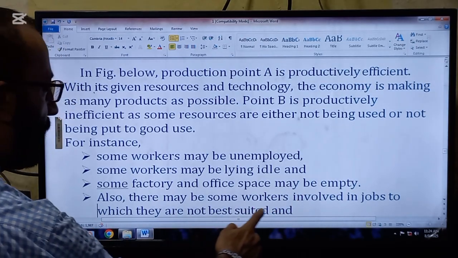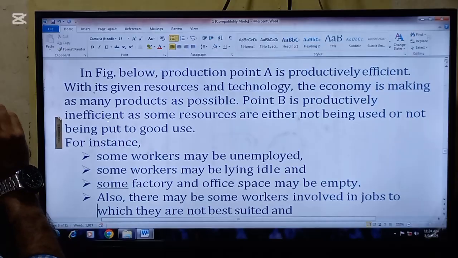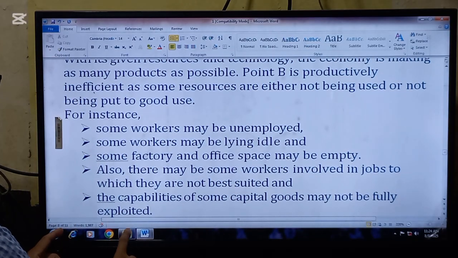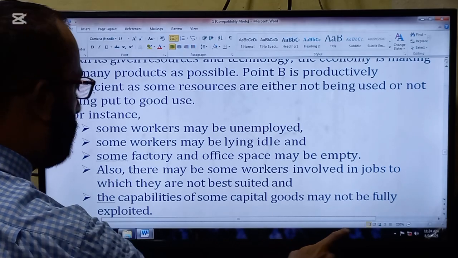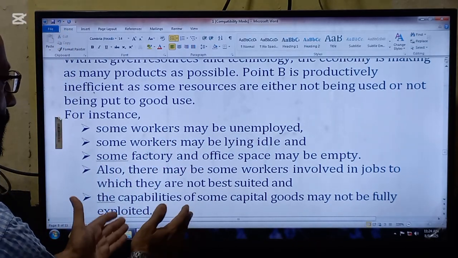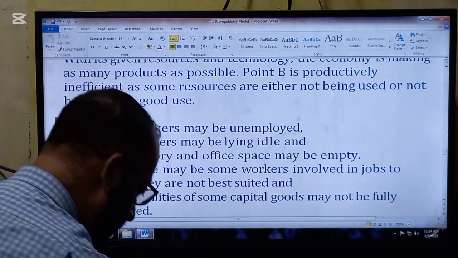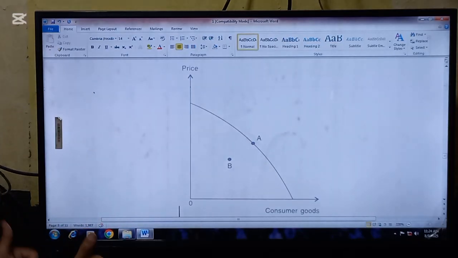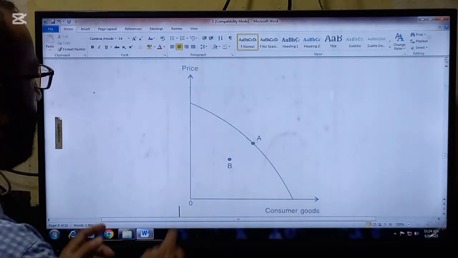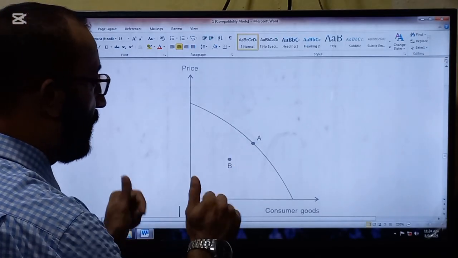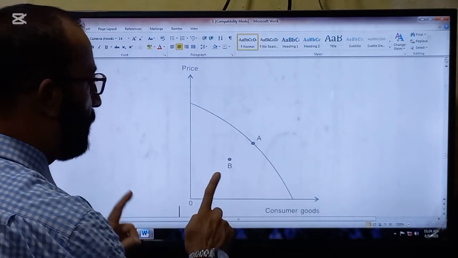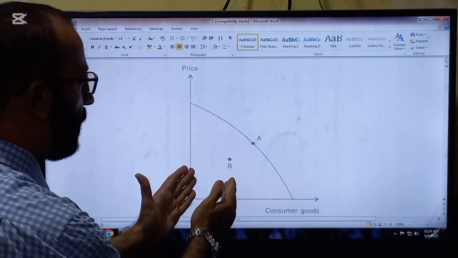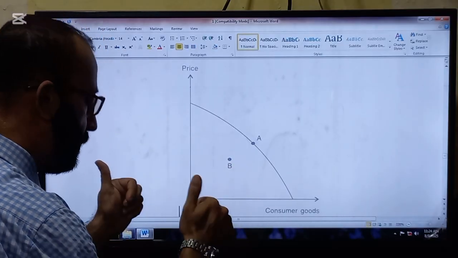Also, there may be some workers involved in jobs to which they are not best suited, and the capabilities of some capital goods may not be fully exploited. So A is the point which is productively efficient, but B is productively inefficient, because some of the resources are not being used properly.